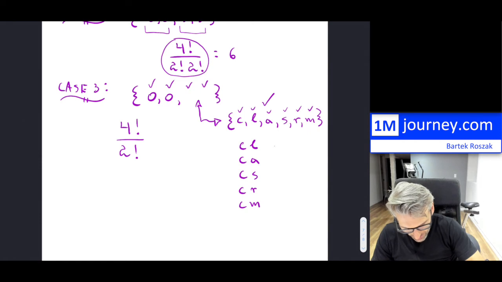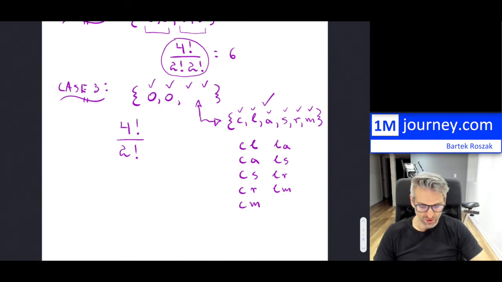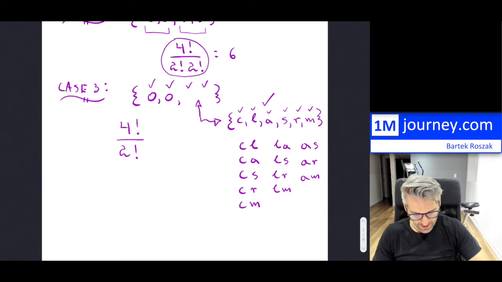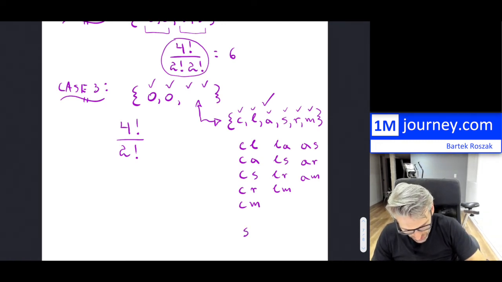So I can have LA, then LS, LR, LM, so that's all the different ones for that, and then I can do the same thing. So it would have been AS, AR, AM, and then finally, you would have SR, SM, those are the only ones, and then RM.